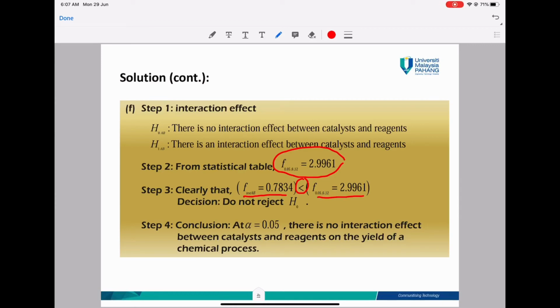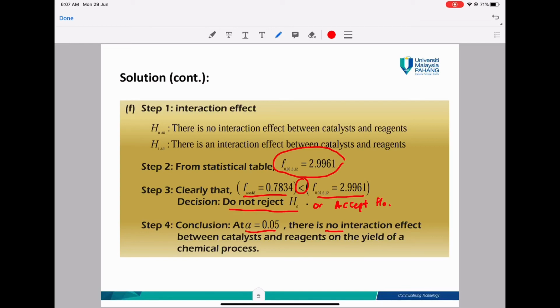So that means your decision is do not reject H null, or accept H null. So your conclusion is at alpha 0.05, there is no interaction effect between catalyst and reagents on the yield of chemical process.